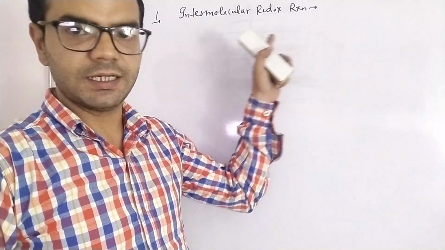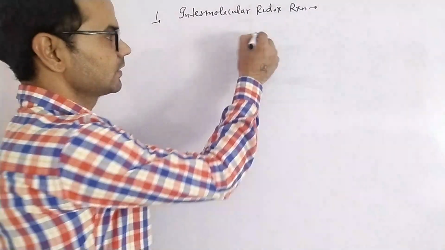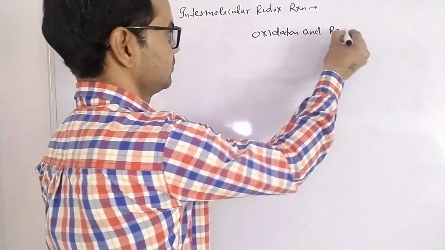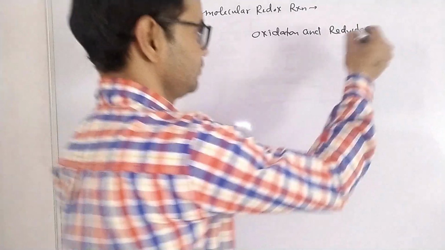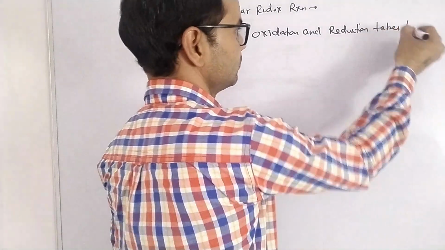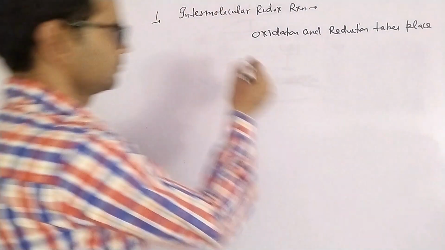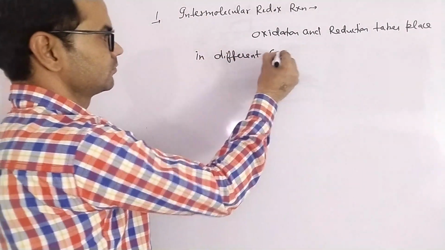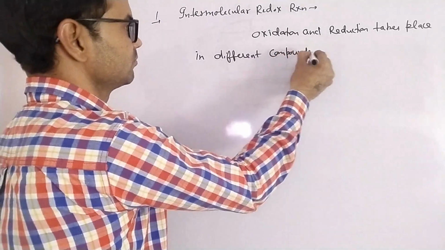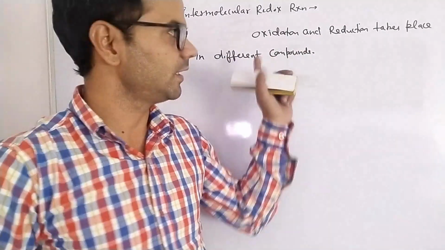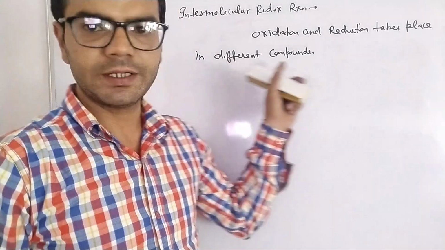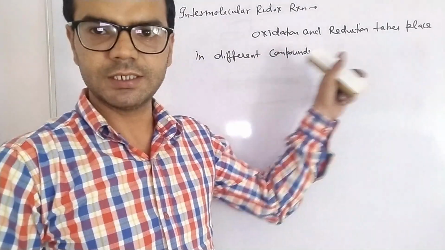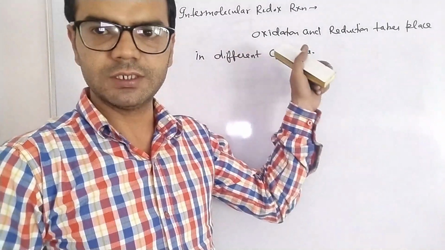Intermolecular redox reaction is that reaction in which oxidation and reduction takes place in different compounds. In one compound oxidation and in second compound reduction. That type of reaction is intermolecular redox reaction.